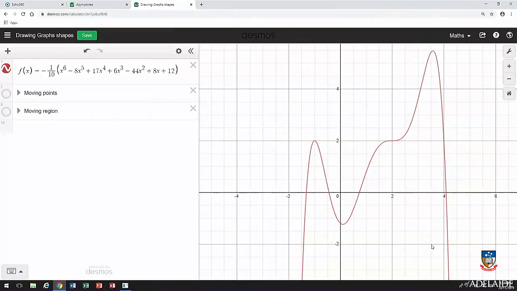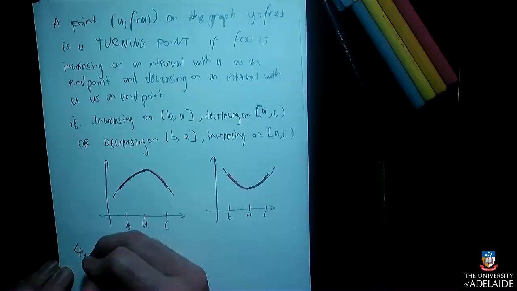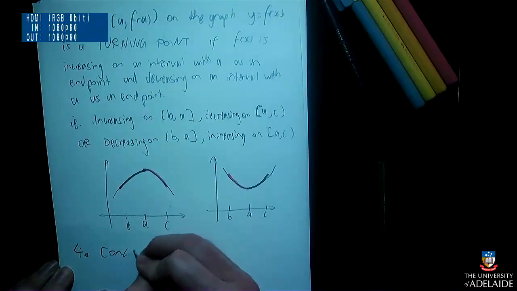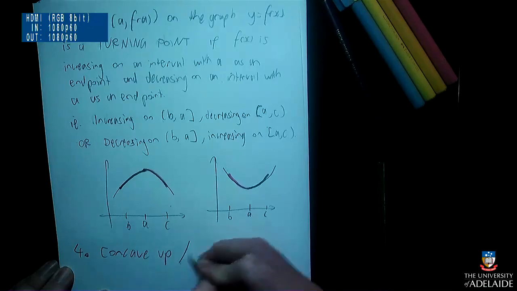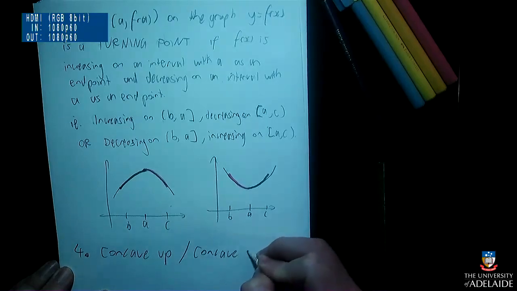Soon enough I'm going to want to figure out where it switches over between concave up and concave down. So the first thing I'm going to do is just write down what I'm imagining here. So fourth property, concave up, concave down.